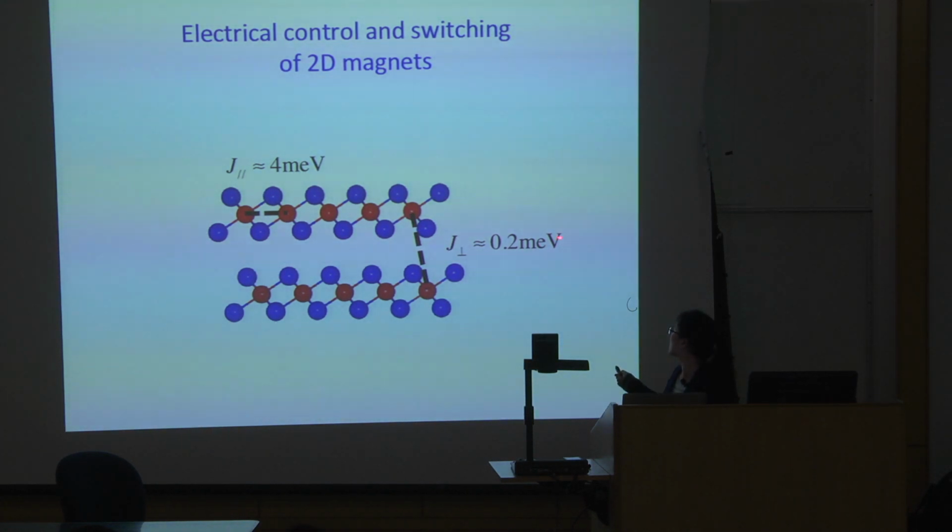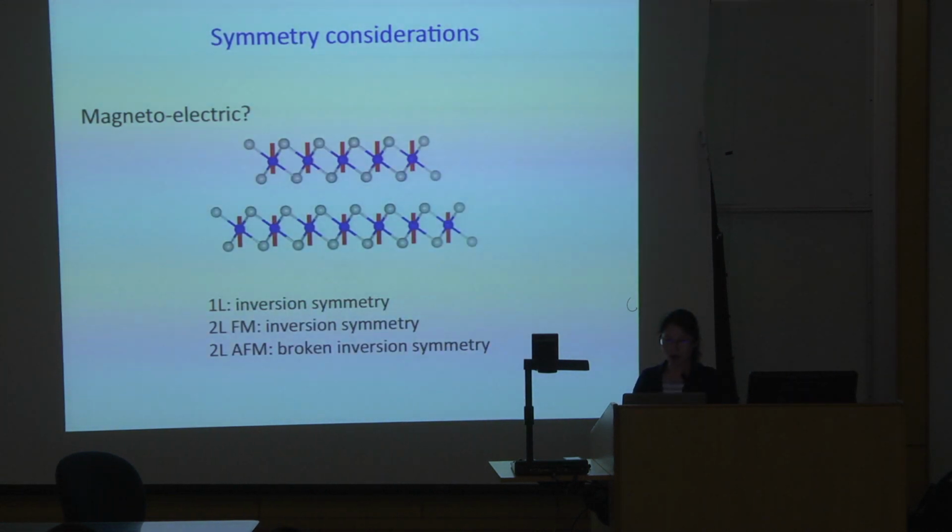So this is much, much weaker than that, and also on the absolute scale, for a lot of experiments, this is a very small energy. So that suggests that you can do a lot of things to change this, perhaps change from this alignment to that alignment. Right? Okay, so, and we are interested in using electric field to flip the spin, the magnetic order.